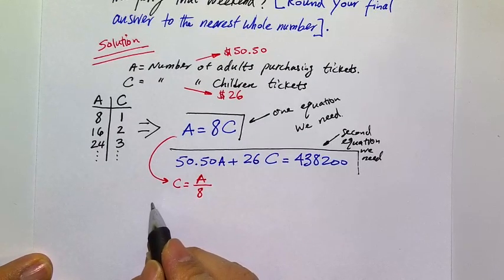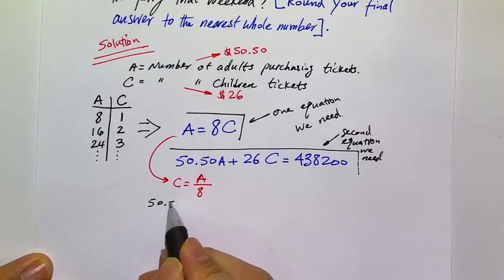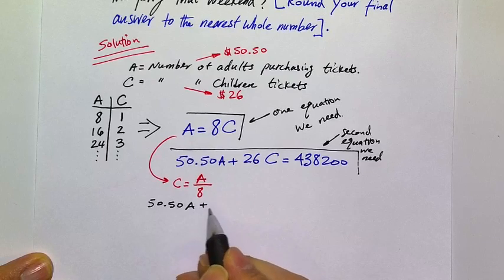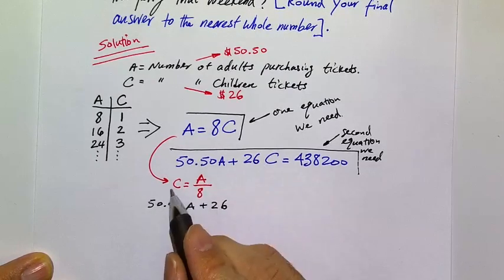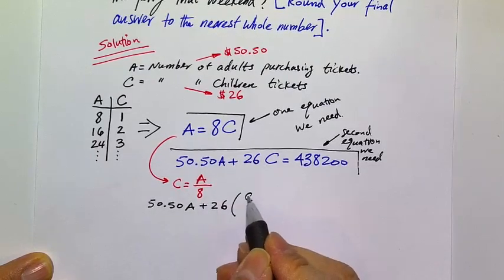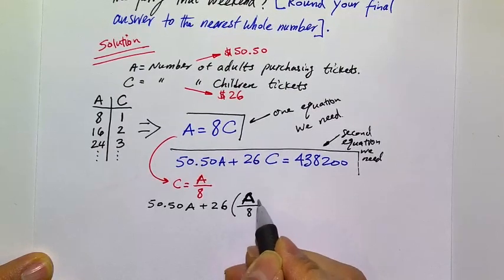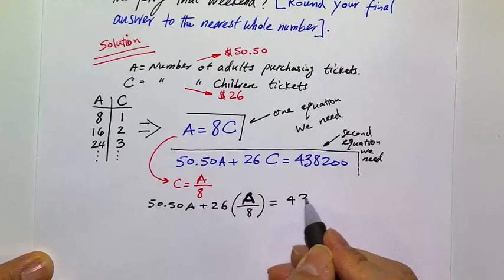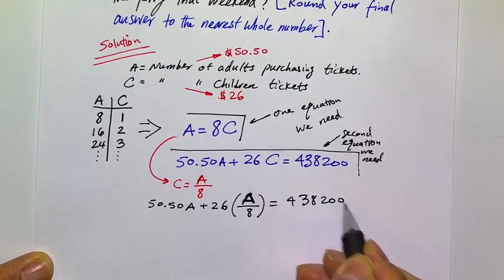So we have $50.50 times A plus 26 times C. Instead of C, I'm going to put A over 8, right? That quantity should be equal to 438,200.